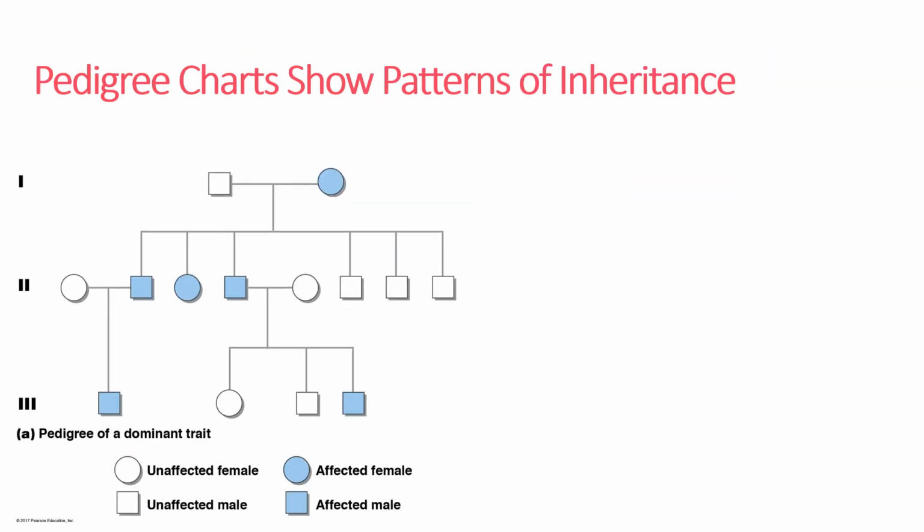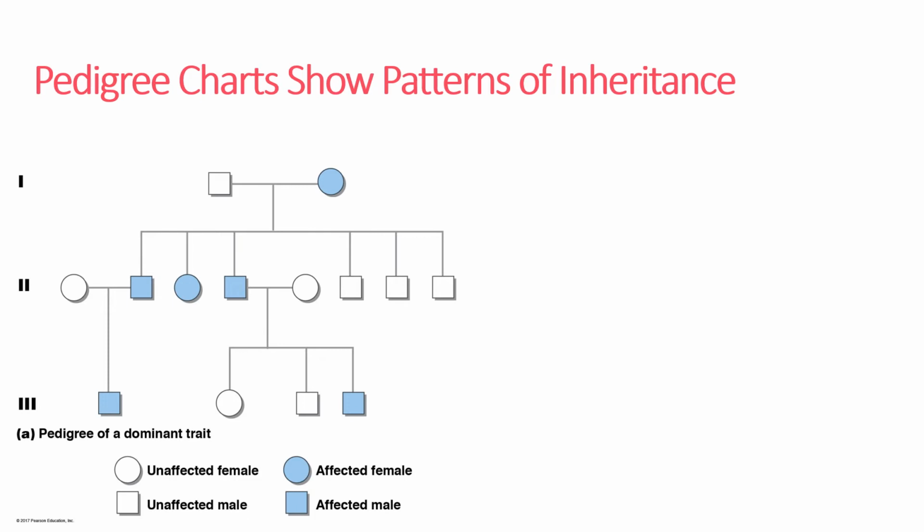We can use something that's called a pedigree chart, shown here, to determine whether a trait is dominant or recessive by looking at the way it's inherited over several generations. A pedigree chart is shown on the left, and it shows a mating between a male, the square shape, and a female, the round shape.